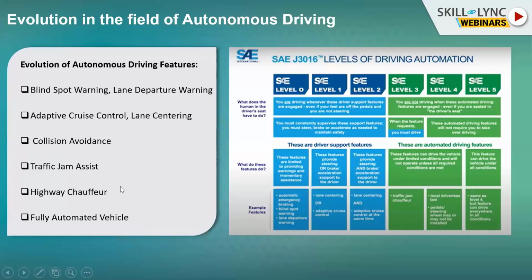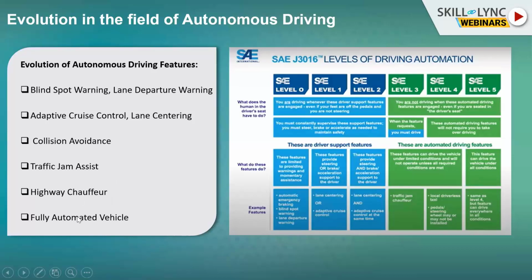So this is the evolution of autonomous driving features. It all started with blind spot warning and lane departure warning. Then it moved on to adaptive cruise control, lane centering, and collision avoidance. As we move towards traffic jam assist, highway chauffeur, and fully automated vehicle, there's an increase in the level of autonomy.